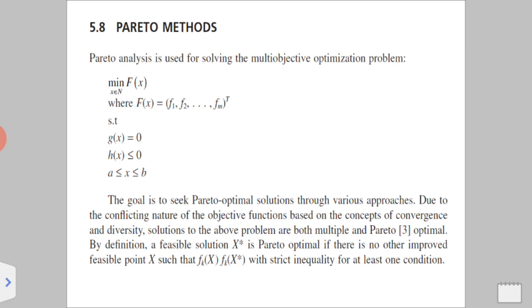If a conflict occurs in the objective functions or any variables, the concept of convergence and diversity is used to solve the problem, and you will get a number of multiple solutions or choices, which is called the Pareto optimal.